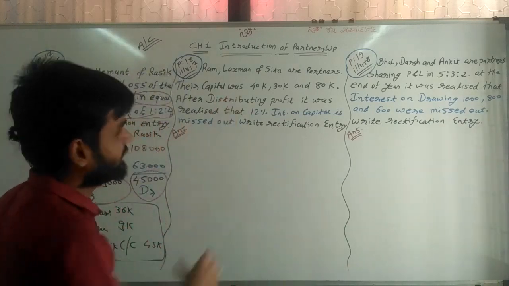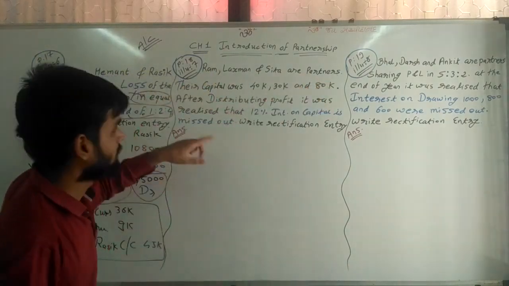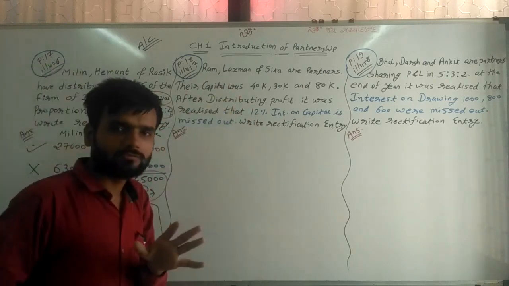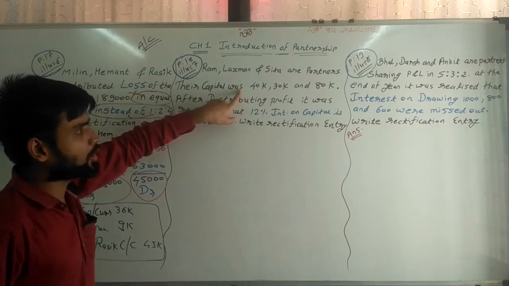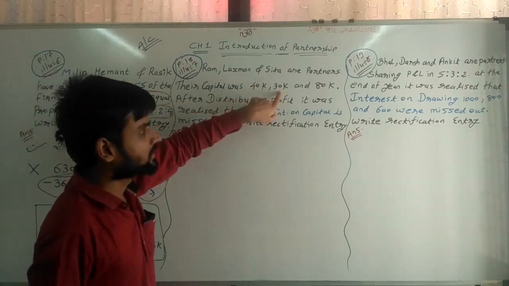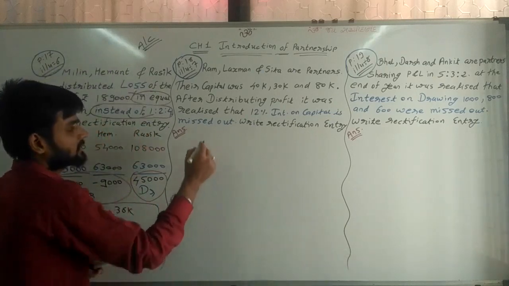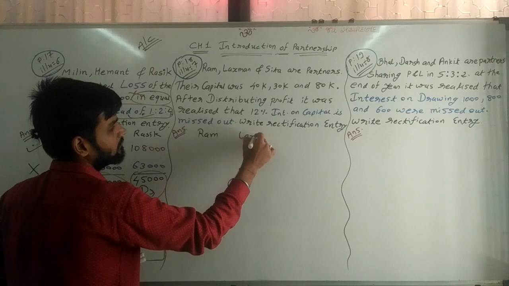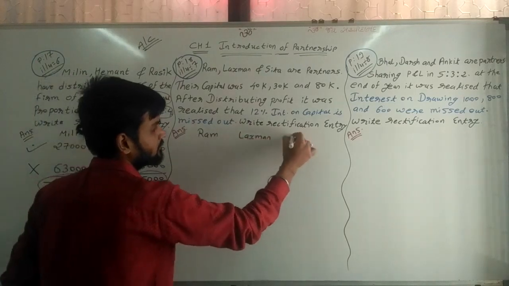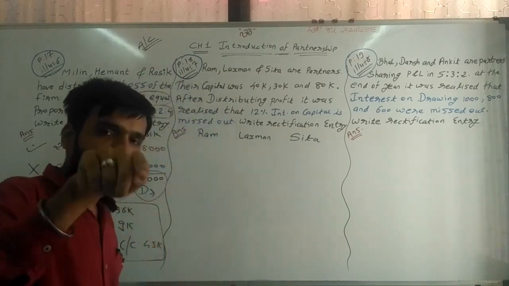So first see here, Ram, Lakshman and Sita are partners. Here the question is written in short. Their capital was 40,000, 30,000, 80,000. So here 3 partners are there: Ram, Lakshman and Sita. And their capital is given.